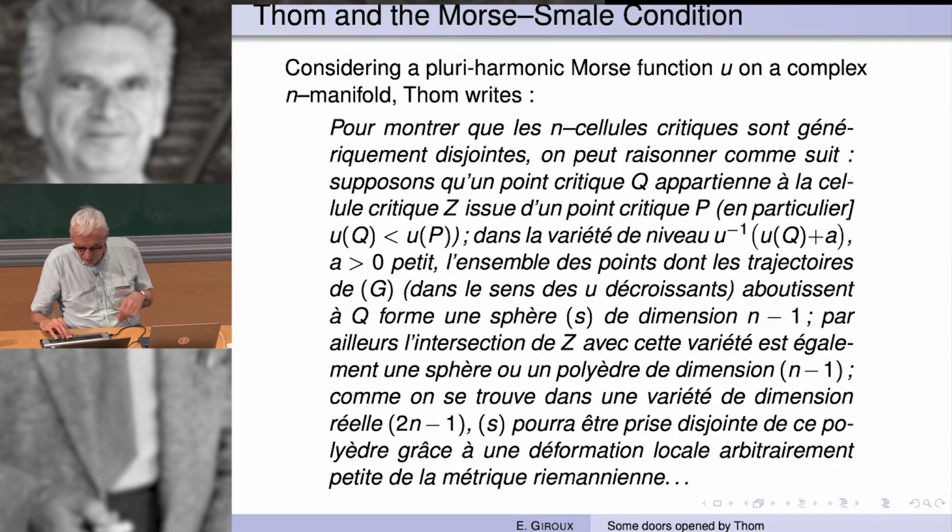And he says that the set of points that descend from P, which can be a polyhedron, also has dimension n minus 1. And because the level set has dimension 2n minus 1, he says that it's easy to change the metric so as to make them disjoint. Which is exactly the argument Smale will give a few years later to show that his condition is generic.